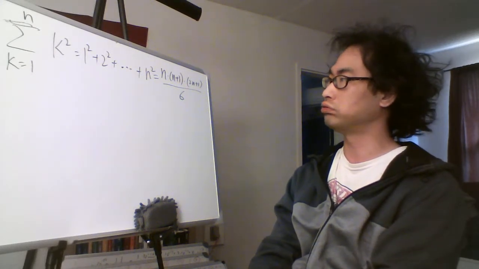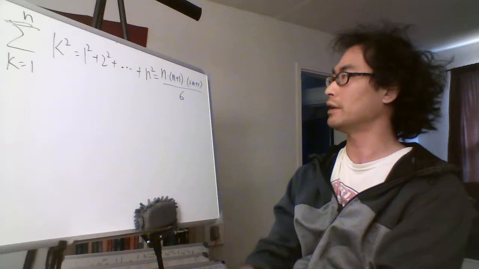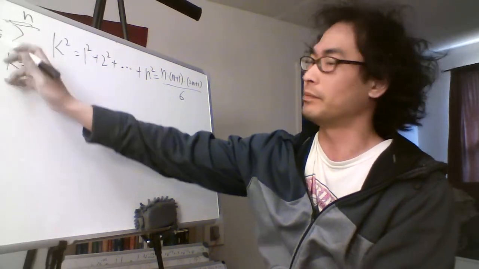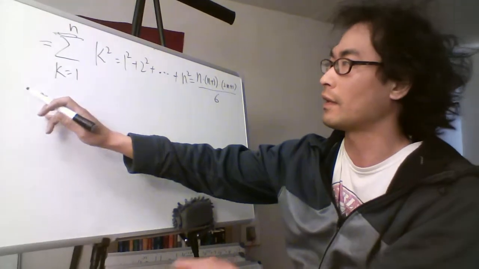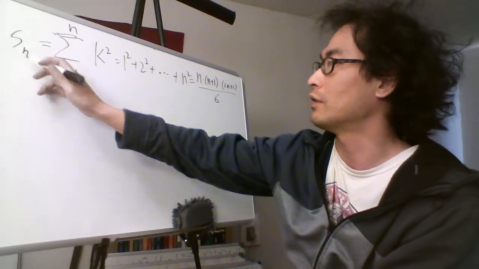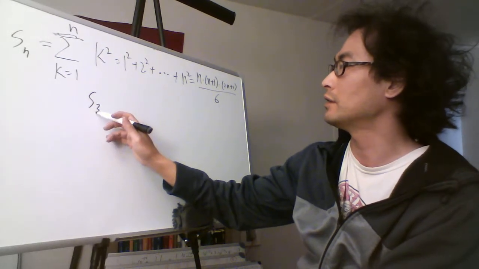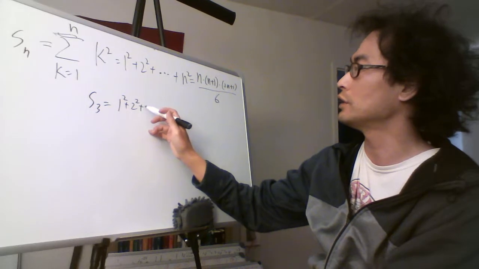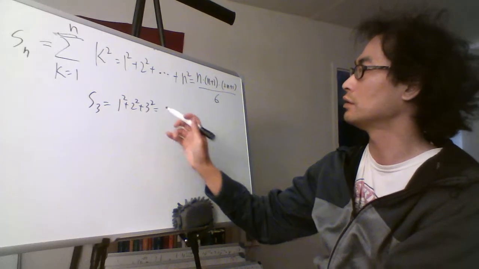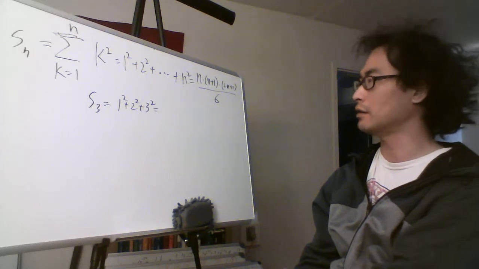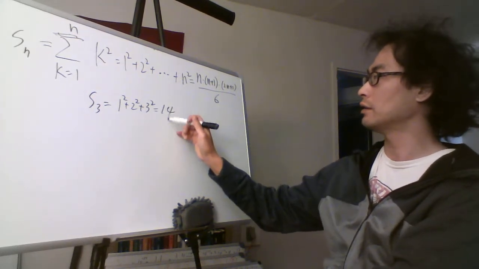Let's say n is equal to 3. S3 is equal to 1 squared plus 2 squared plus 3 squared, which is 1 plus 4 plus 9, that's 14.